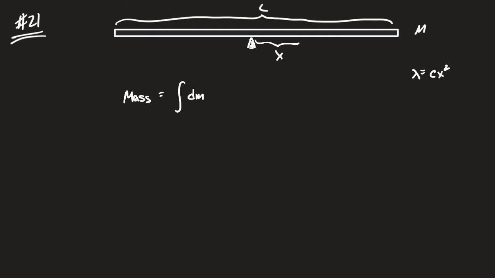And we know that the object's density is changing, starting at apparently 0 at the center and getting heavier towards the edge. For example, this piece right here, which I'll call dm, has a mass that is less than, say, this piece right here, which also has mass dm.